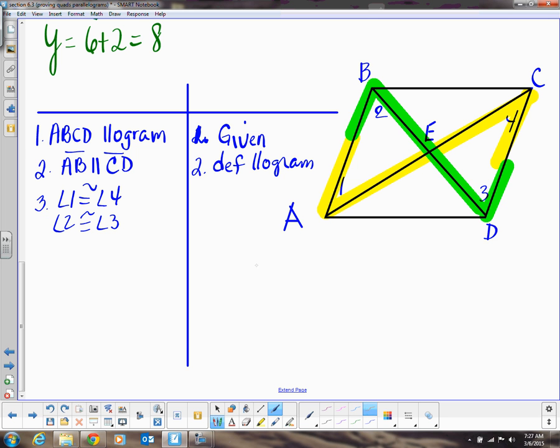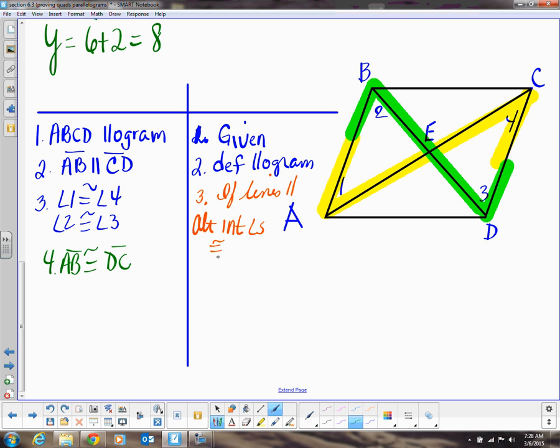Does 2 and 3 make a same z? So you say if lines parallel, what kind of angles are they? Alternate interior angles are what? Congruent.